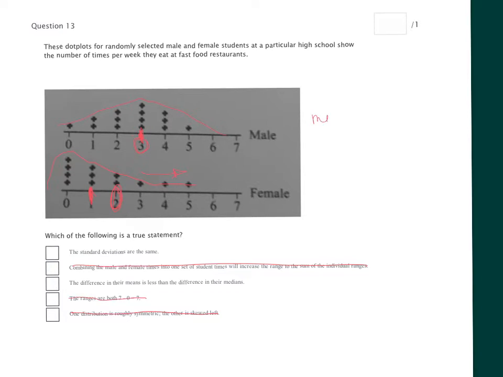if the median for the male is 3 and the median for the female is 1, I know that 3 minus 1 gives me 2. But if the mean for the male is 3 and the mean for the female is 2, then I know that 3 minus 2 equals 1.